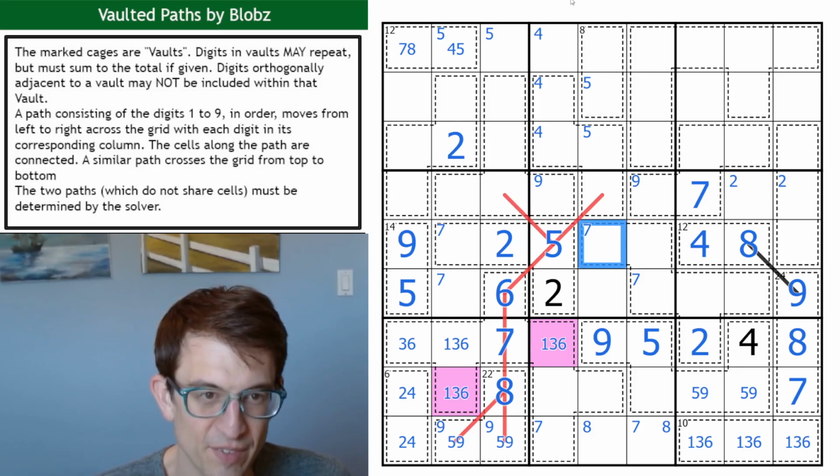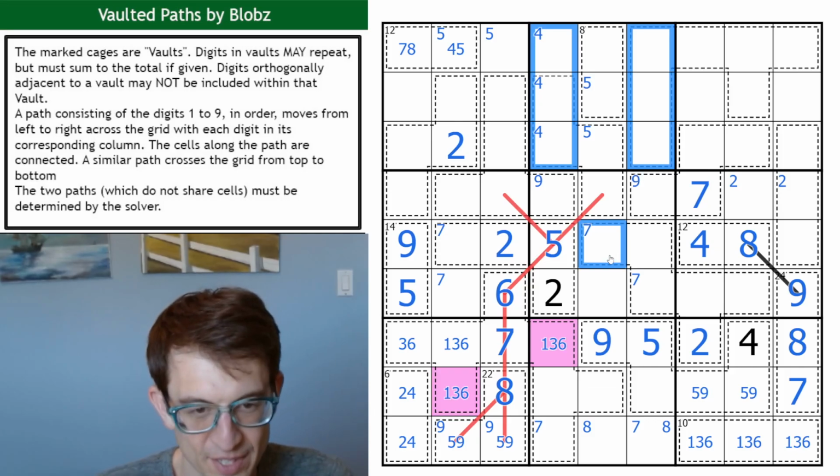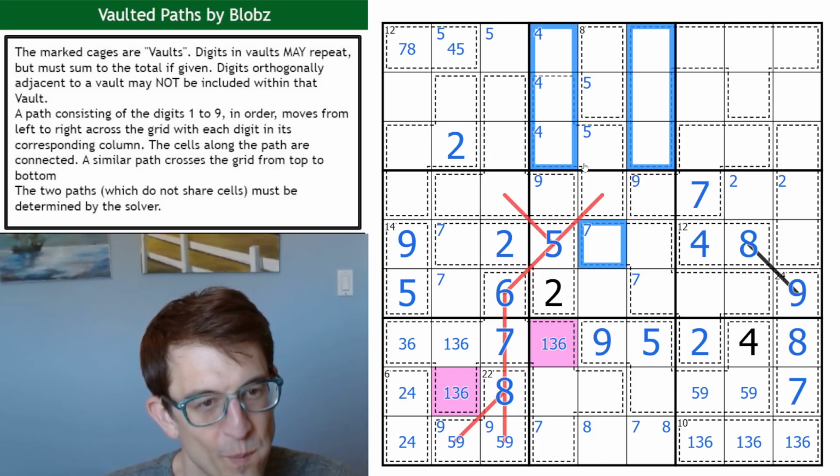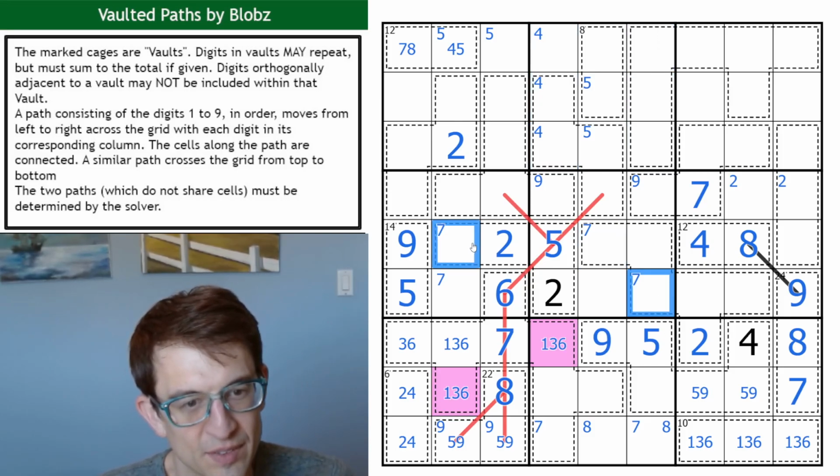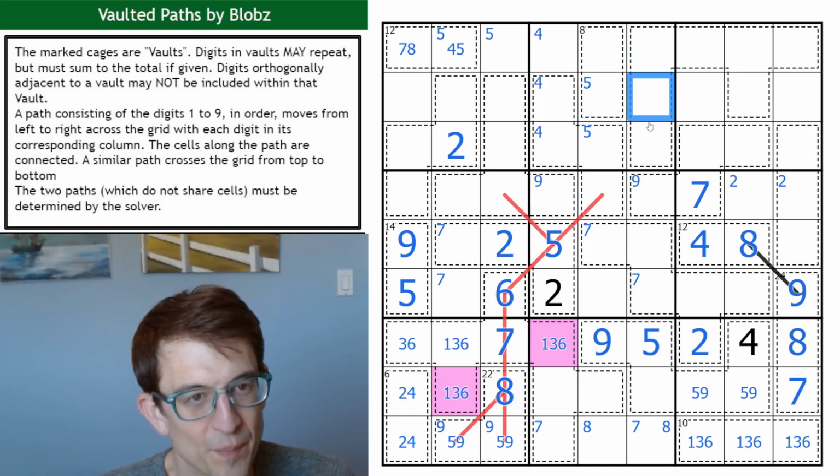If this is 7, nah, I don't think that's anything. 7 is here. We get a 7 here and there. That seems okay.